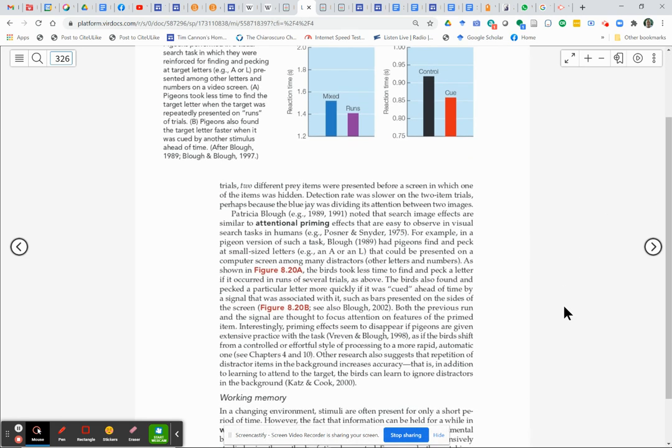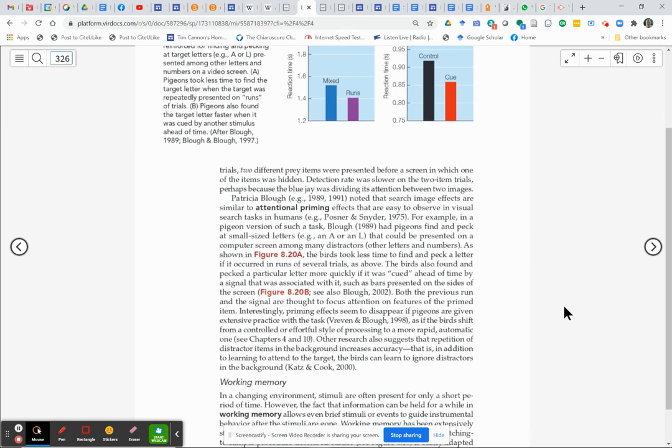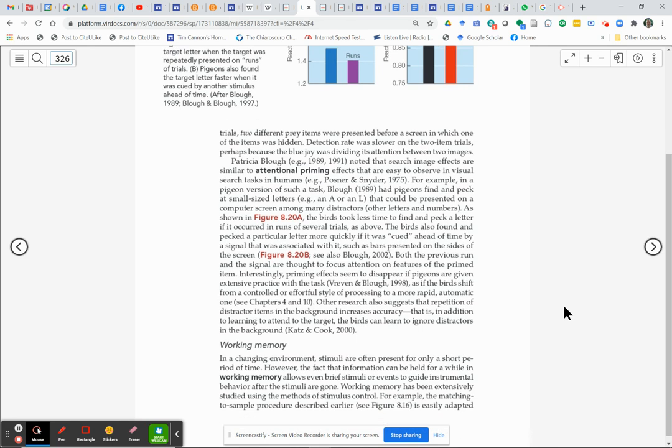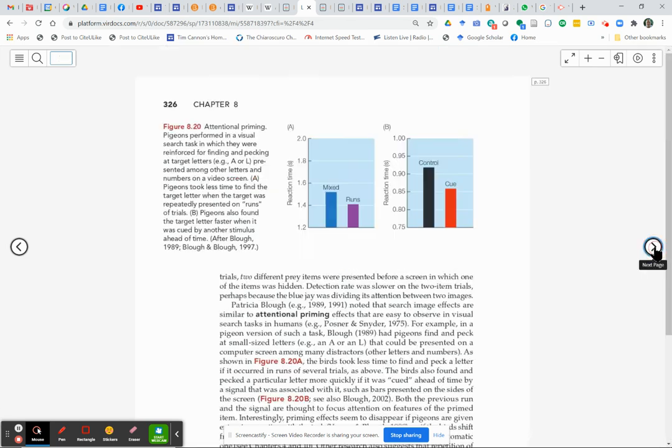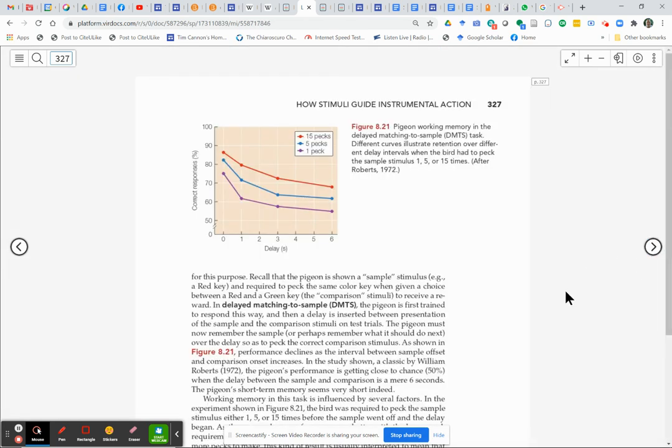So that's attentional priming, relevant to that figure. And then you have working memory, and we talk about working memory and reference memory. And this is a big thing in neuroscience. It's also discussed in this chapter, like it or lump it.